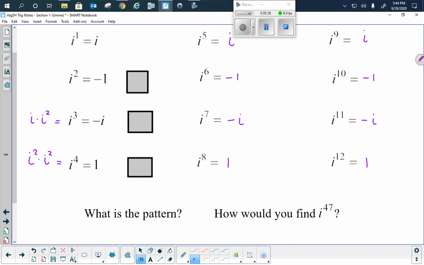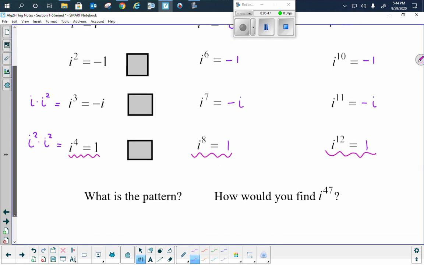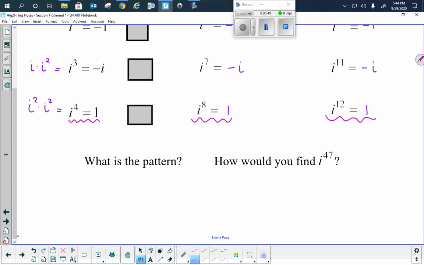By that I mean i to the 4th is 1, i to the 8th is 1, i to the 12th is 1. So I like 1. That's an easy number to deal with. So if I was asking you what i to the 47th is, then really all I need to have memorized is i to the 1st through i to the 4th.